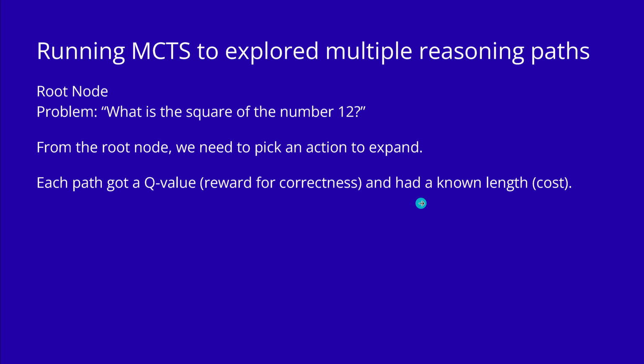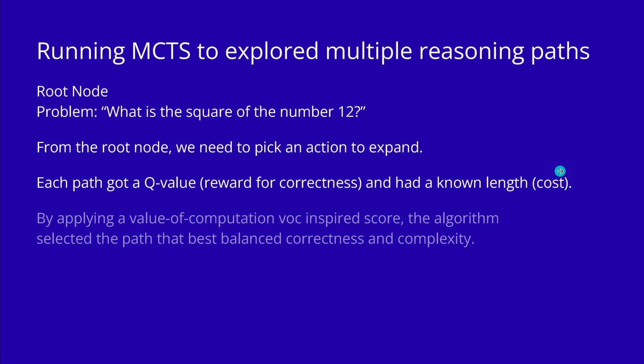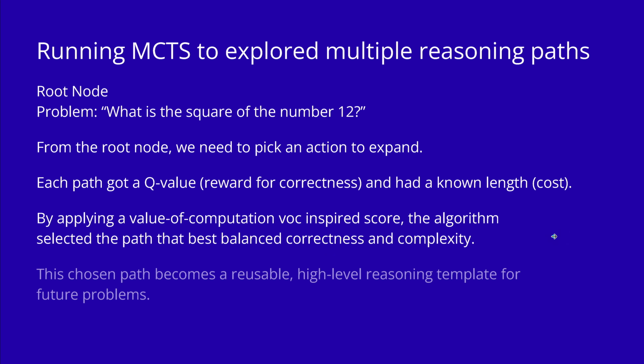And we already have a known length in our tree search path that we went. And let's say this simply corresponds somehow to the compute cost. So now, by applying a value of computation, this VOC-inspired score, the algorithm selects a particular path that best balances the correctness and the complexity, or you want, the cost of this particular search algorithm.